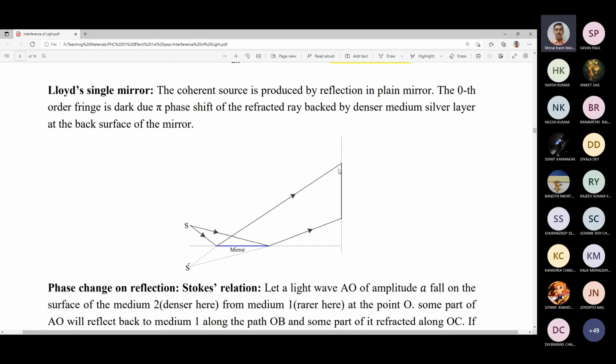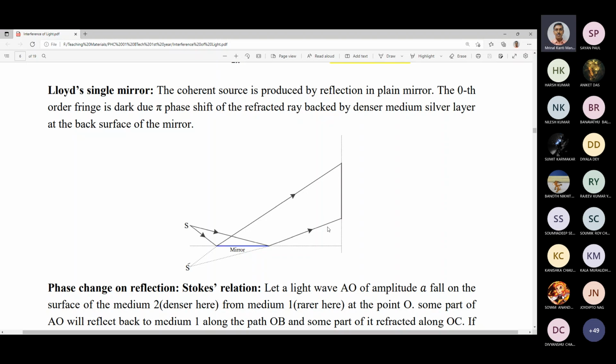So only this portion is occupied by two beams, one direct, another reflected. Now if we observe this reflected beam, we can observe it is coming from somewhere in this region, right? So this point can be considered as the image of this source S. So this is the virtual image, so it can be considered as the virtual source.